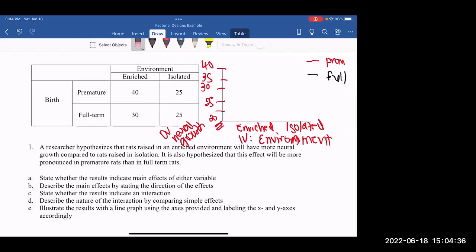For the enriched condition, for premature rats, we have 40. Okay, so that 40 is up here. And the full-term rats are 30.